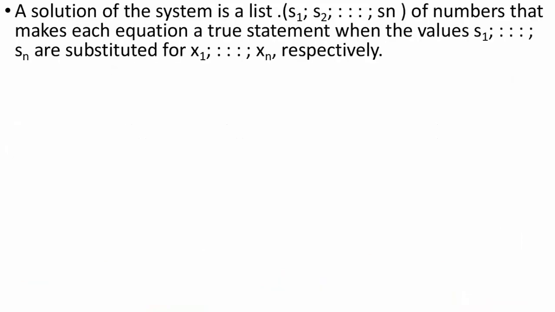Now, we shall define some terms. A solution. What is the solution of the system? Solution of the system is a list s1, s2, s3, ..., sn of numbers that makes each equation a true statement when the values s1, s2, s3, ..., sn are substituted for x1, x2, x3, ..., xn respectively.